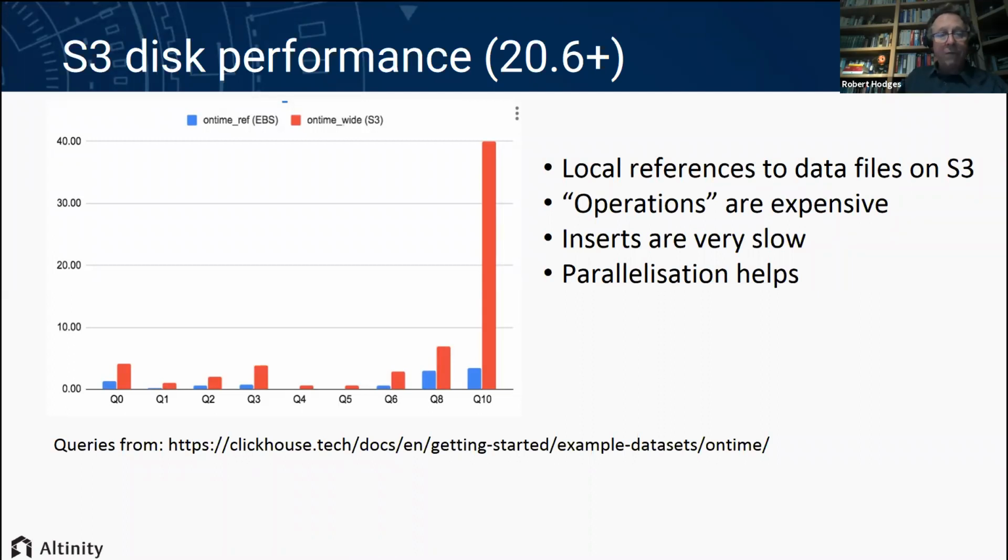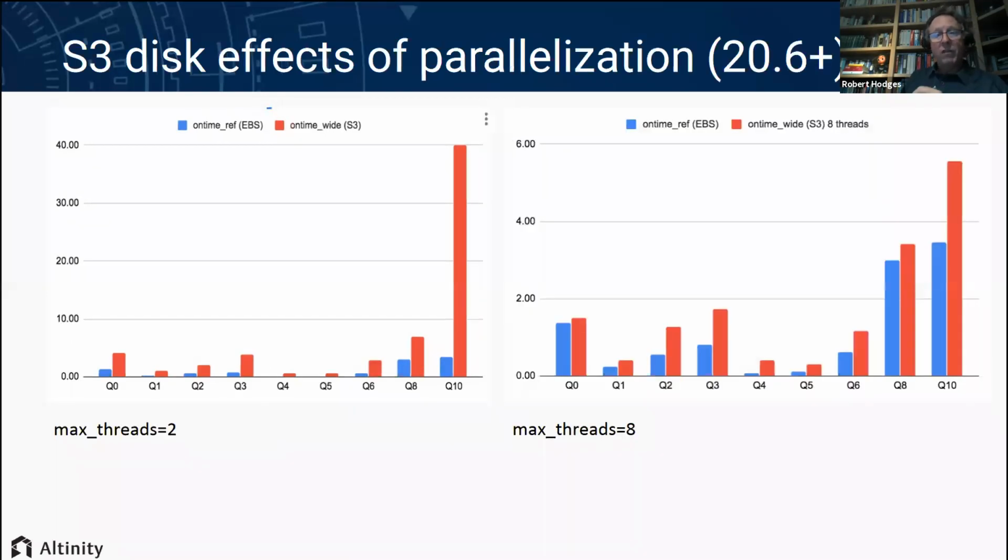This graph shows the difference between a couple of different runs, and the effect is that things are fairly slow when we're writing with single threads. One of the things we've been focused on with our recent S3 work is to enable multiple threads to do parallel access, both reading and writing to S3.